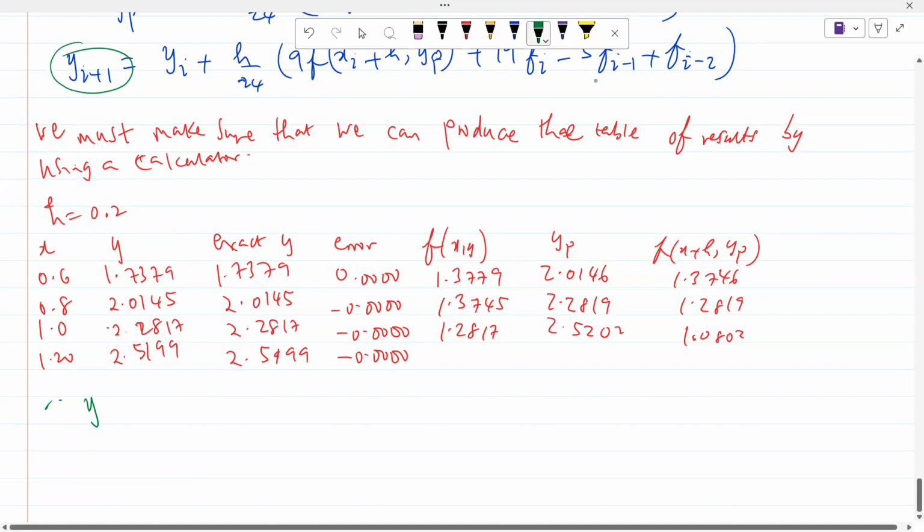I'll start here. You would start with x is 0.0, 0.2, 0.4, 0.6, 0.8, 1.0, and then 1.2.